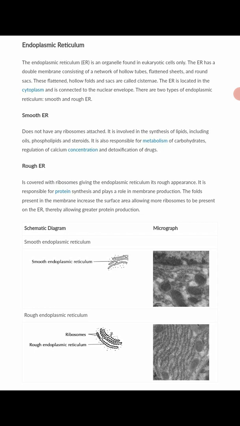So the endoplasmic reticulum is found in eukaryotic cells only. That's one of the differences between prokaryotic cells and eukaryotic cells. Take notes, it's a exam question.